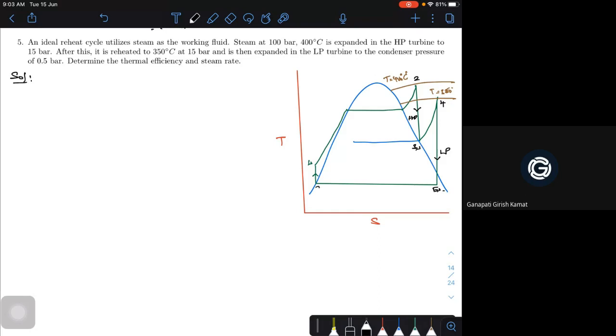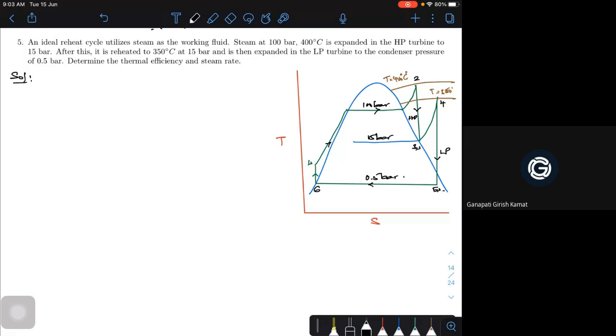Then I will come to point 6. So this is how the turbine will work. This is a reheat cycle. This is at 100 bar, this is at 15 bar, and the condenser is at 0.5 bar, and temperatures, everything we have marked. Once you are able to put it, you can use either a TS diagram or an HS diagram, it doesn't matter. Both will give the answer.